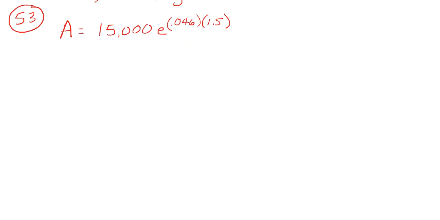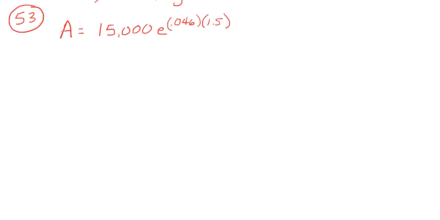All right, in problem 53, when we see the words compounded continuously, we know it's the formula with the E in it. And this church wants to invest $15,000 for 18 months and wants to know how much money they'll have at the end of that 18 months.